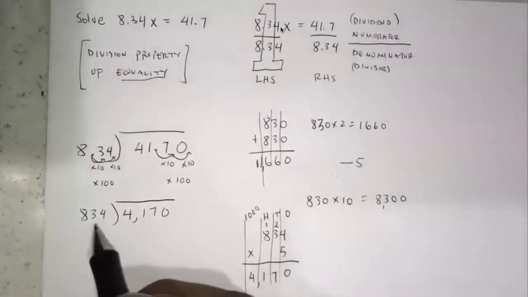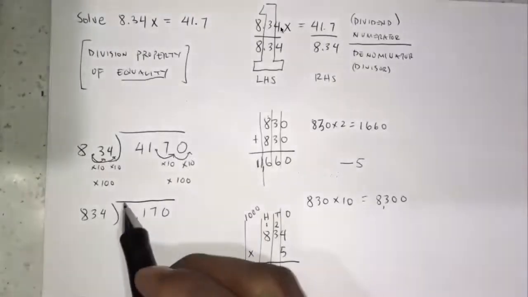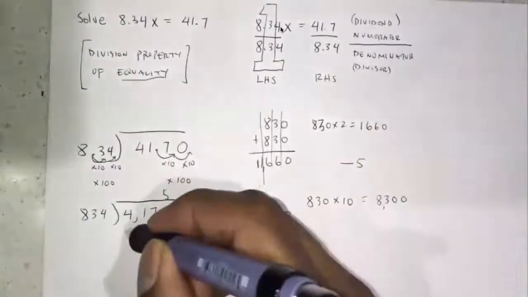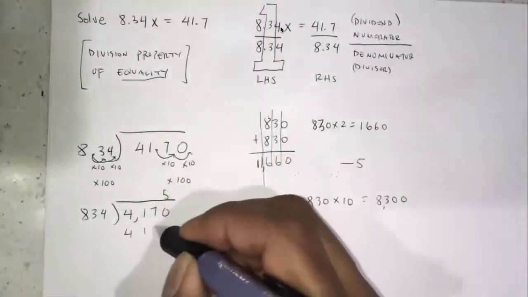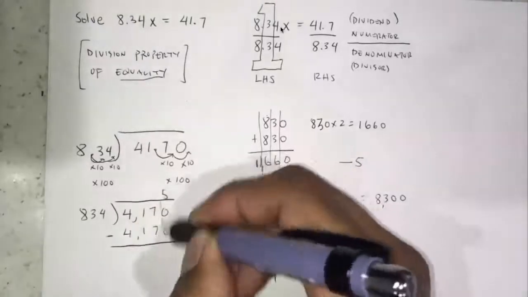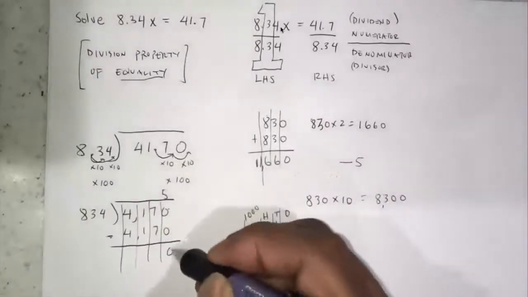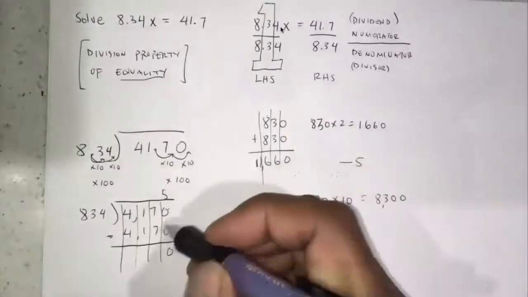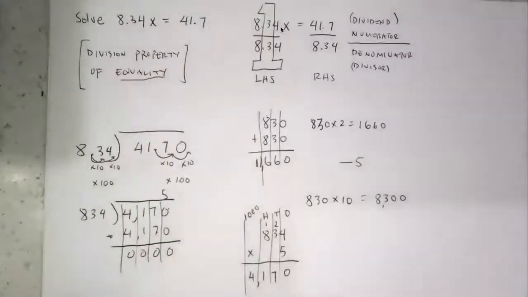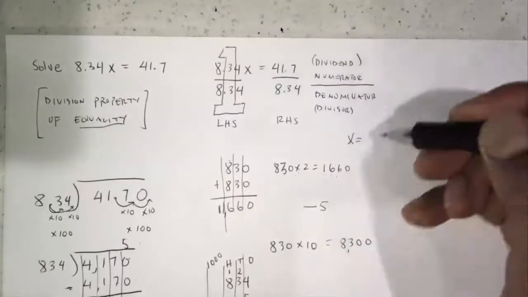So 834 goes into 4,170 5 times. Remember we talked about where we're going to place it. And we have to go through the process of subtracting to make sure that this is going to be a 0. The placeholder markings: 0, subtract 0, or take away, 7, subtract 7, 0, 0, 0, there's no remainder. So this gave us a solution of x is equal to 5.